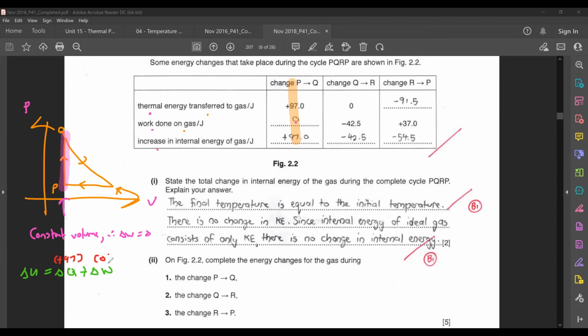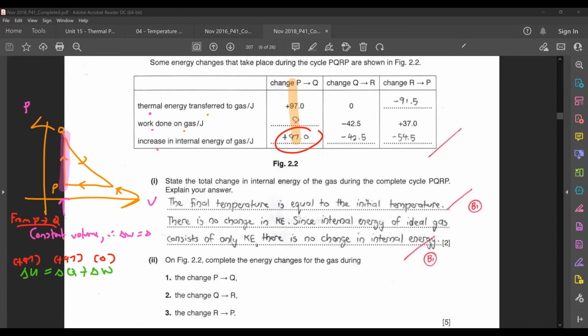Work done is 0. Both sides must balance, so delta U here must be positive 97. That's why your answer is like this. So this is for changes from P to Q.